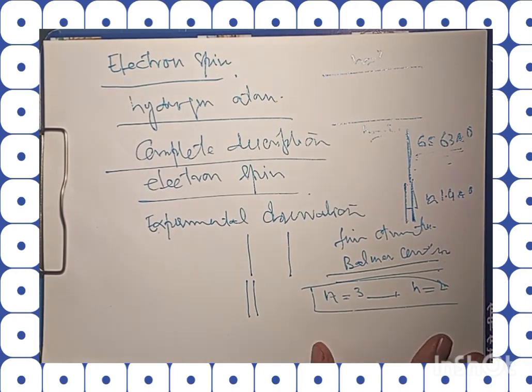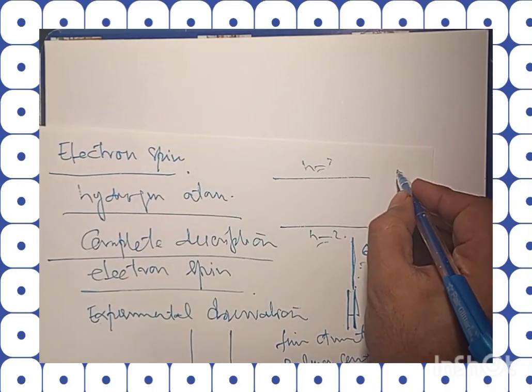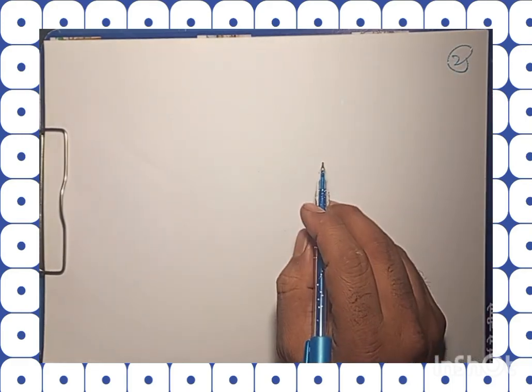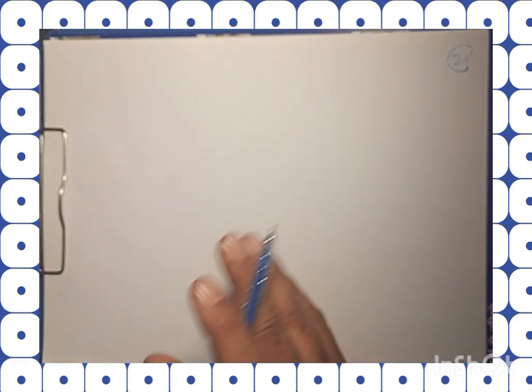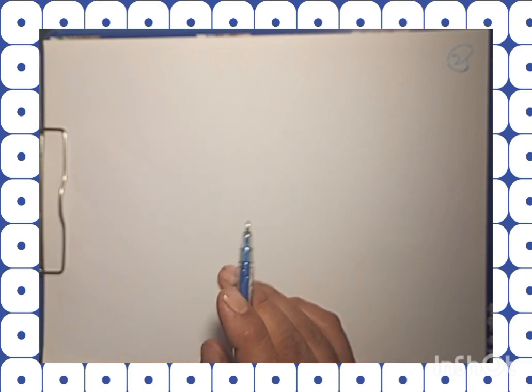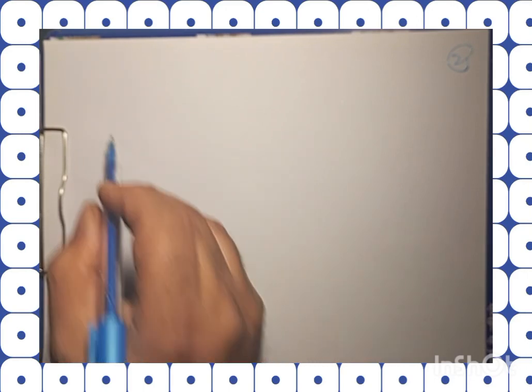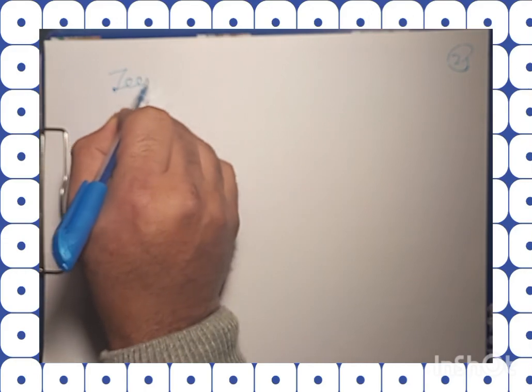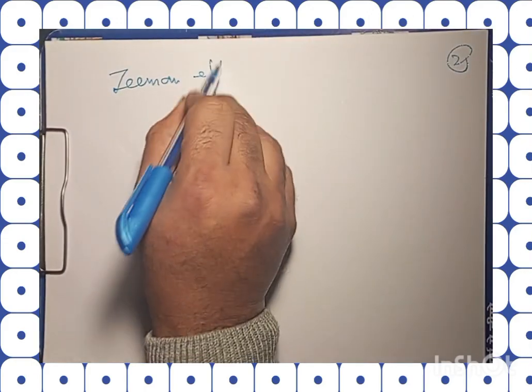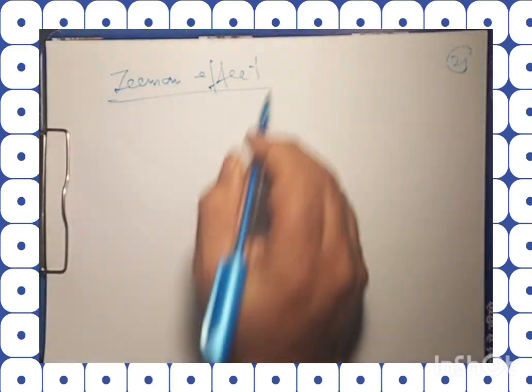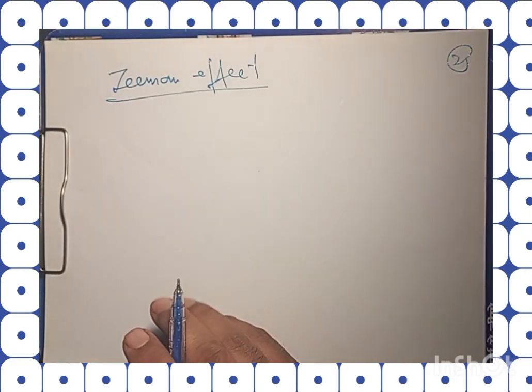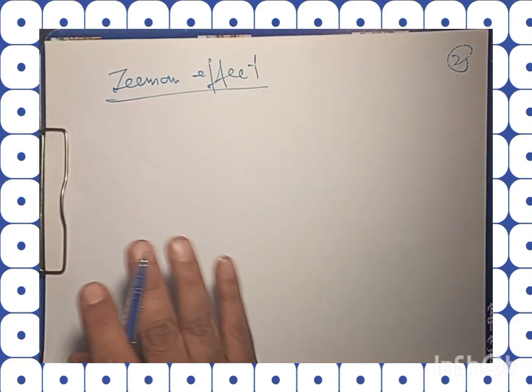And there was another failure. I would like to go into detail on it to get some idea about that failure. It occurs in the Zeeman effect. We have talked about the Zeeman effect, and if we remember what we observed there, we had three lines.